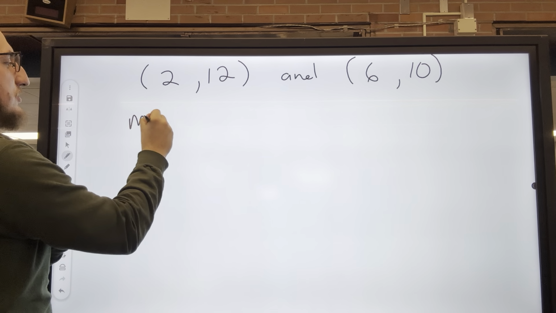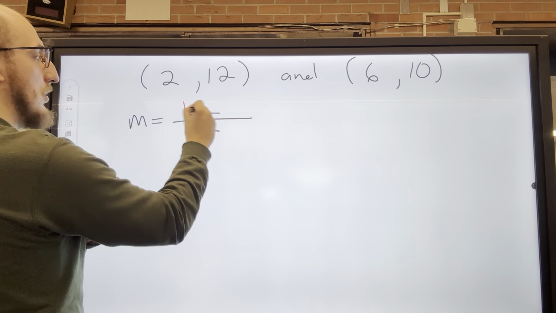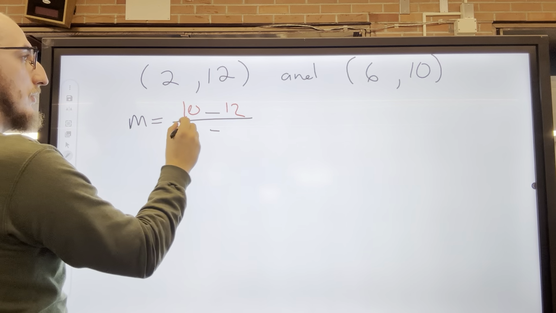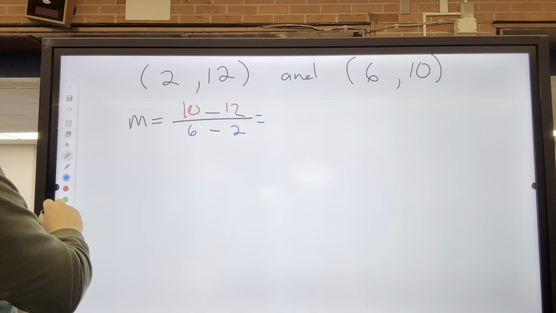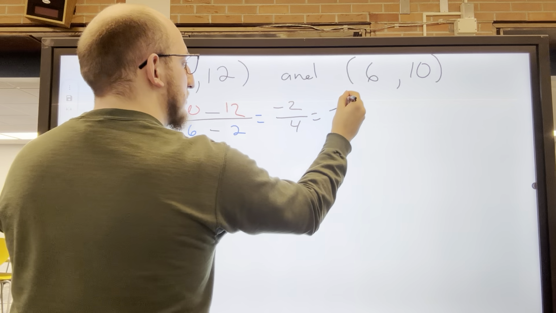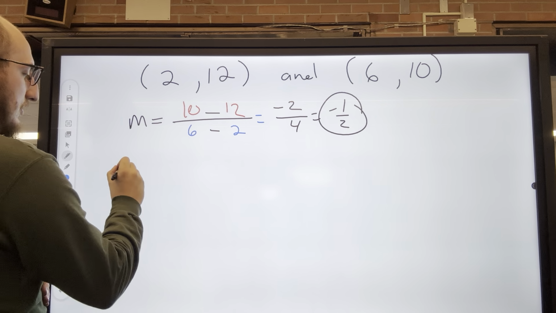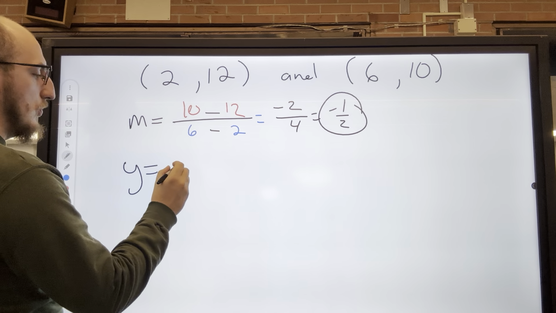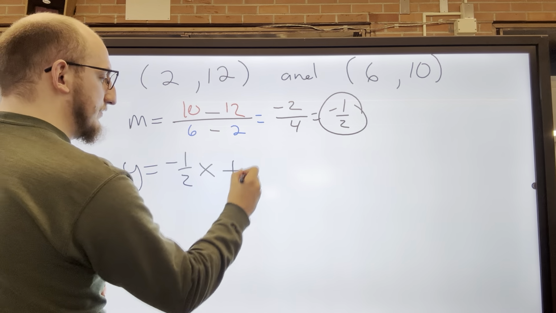So first thing I'm going to do is I'm going to write my slope equation. 10 minus 12, 6 minus 2. I'm going to get -2 over 4, which is the same as -1/2. There's my slope. Y equals -1/2 x plus b.